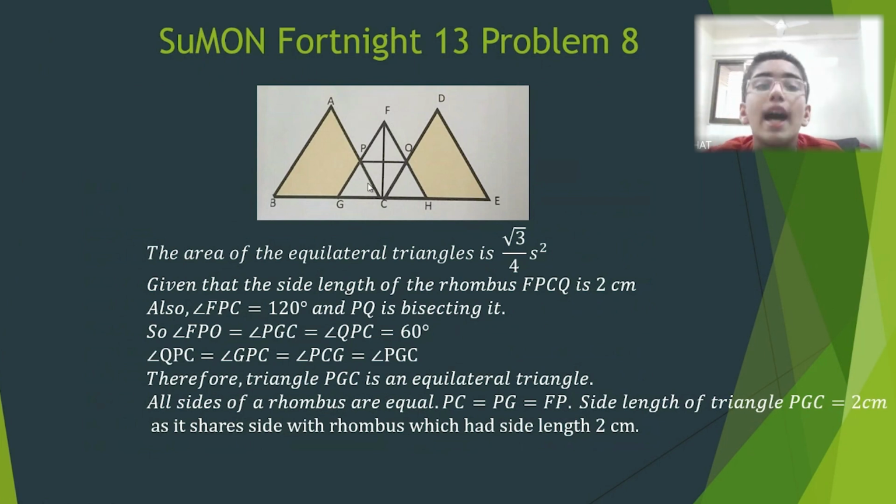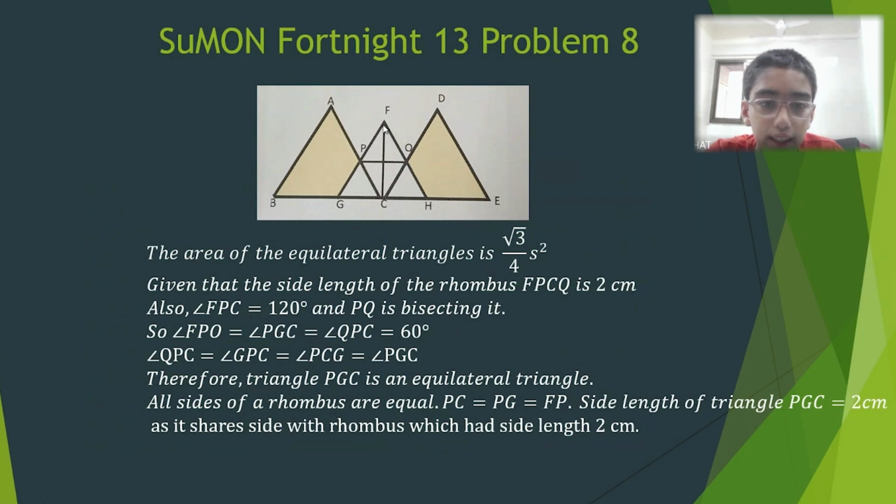Now, by using the angle sum rule of a triangle, we can find that the last angle of this triangle, PGC, is also a 60 degree angle. And therefore, the triangle PGC is equilateral. Now, it can be proved similarly with this triangle QCH.